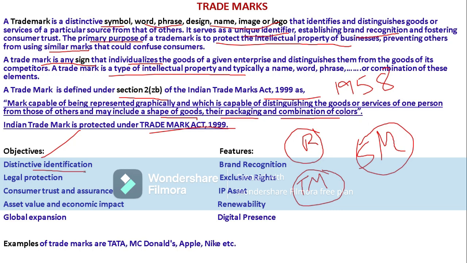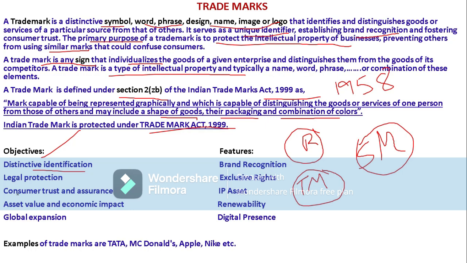So in order to make a choice, these trademarks help the consumers to pick up those products. So the distinctiveness aids the consumers in making informed choices and fostering brand recognition also.